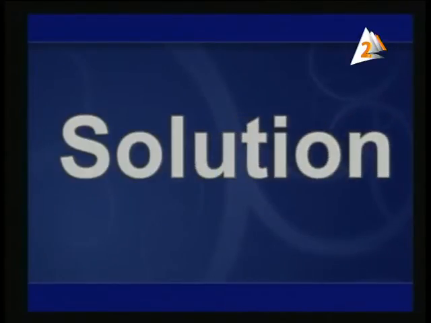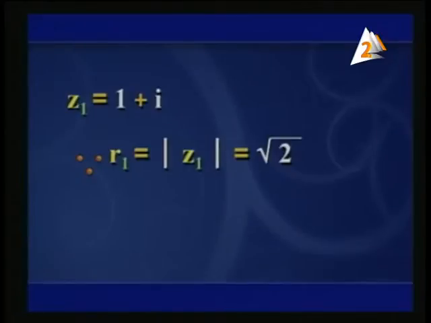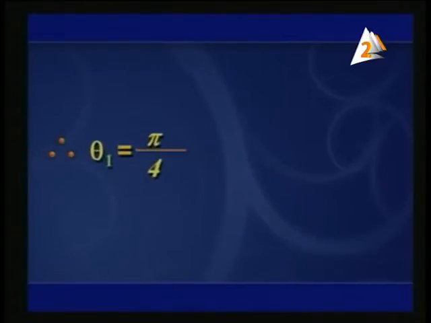Solution. z1 equals 1 plus i and r1 equals the norm of z1 equals root 2, and cosine theta 1 equals 1 over root 2 and sine theta 1 equals 1 over root 2. Therefore, theta 1 equals pi over 4, then z1 equals root 2 e to the power pi over 4 i.